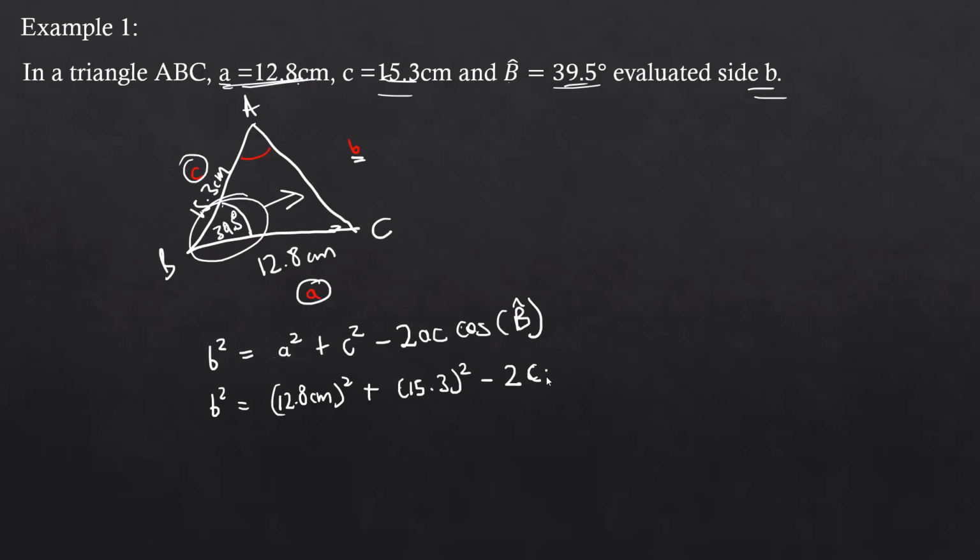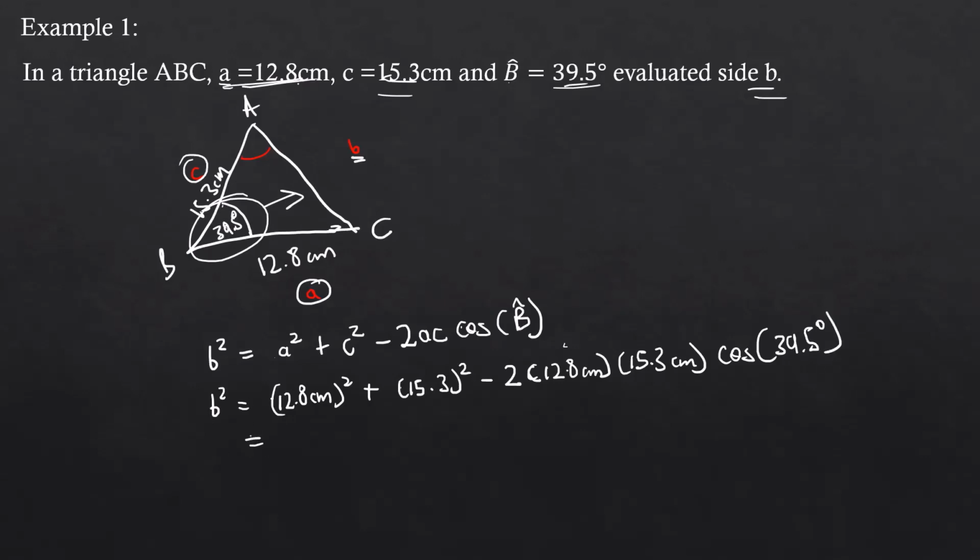It's best not to plug in all these at once in your calculator, you might mess something up. There's a greater chance of messing something up, actually. So let's just plug in all our values: 2AC, and then cos the angle, which is 39.5 degrees.